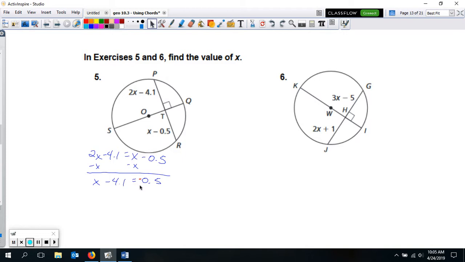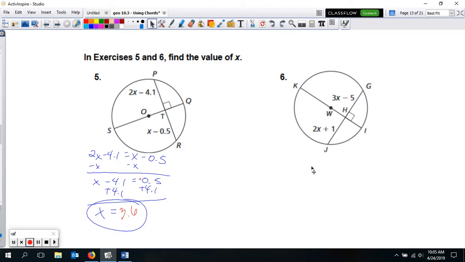Make sure that is still a negative 0.5 here. We now want to add 4.1 to both sides, and when we do that, we'll cancel this out, and we'll just have x on this side. So we're going to take 0.5 away from 4.1, and that gives me x is equal to 3.6. So there's my value for x on number 5.